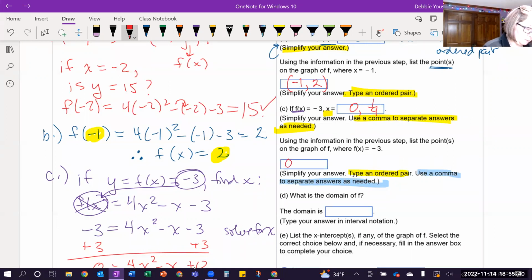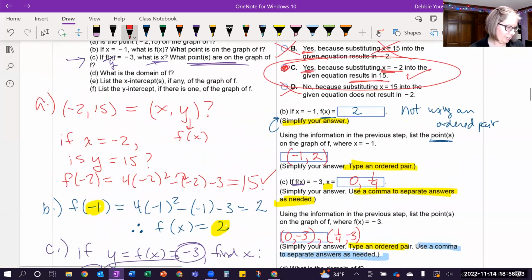So the input of 0 goes with -3. That's one ordered pair, comma, and then the input of 1/4 that we solved for x would go with the output -3 also. So I'd have those two ordered pairs separated with a comma representing those points, okay?